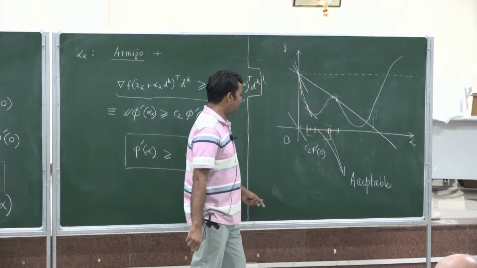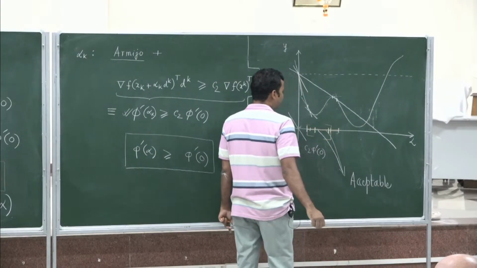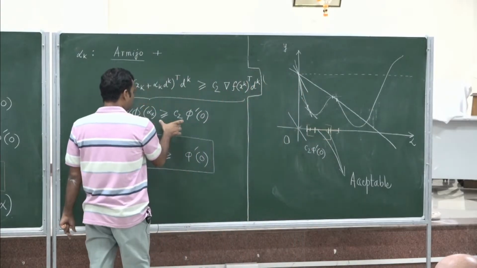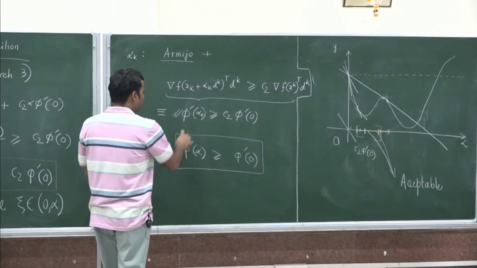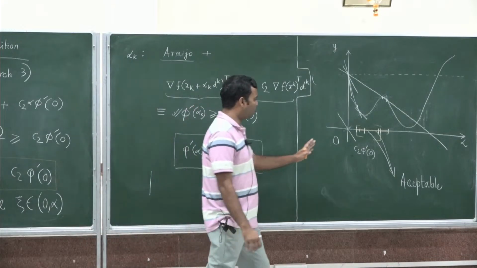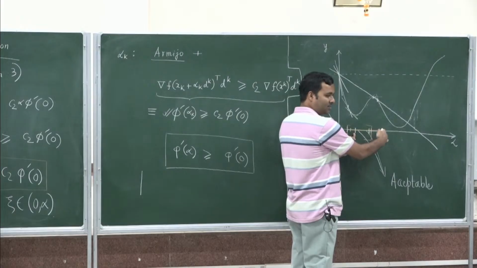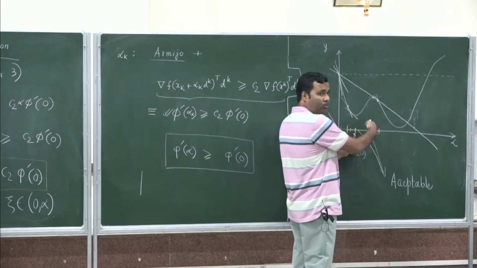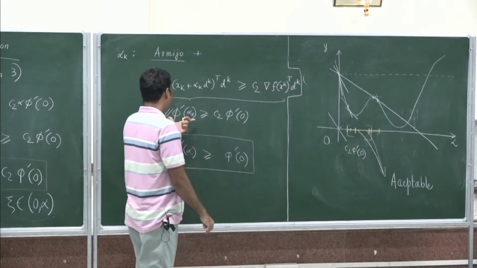In order to not differ from the minimizer very much, people suggested that instead of considering this inequality, you take a safeguard of the other side also.